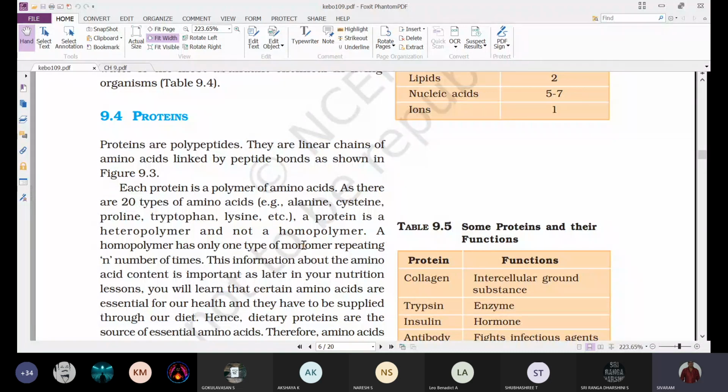That gives the total number of peptide bonds present in that protein. As they possess many peptide bonds, we call them polypeptides.